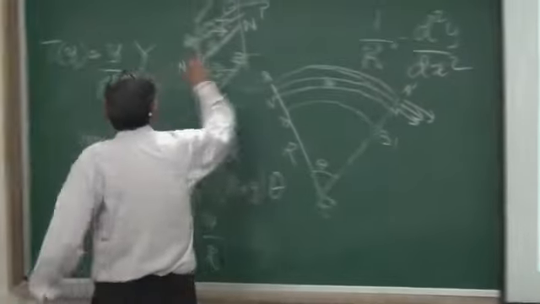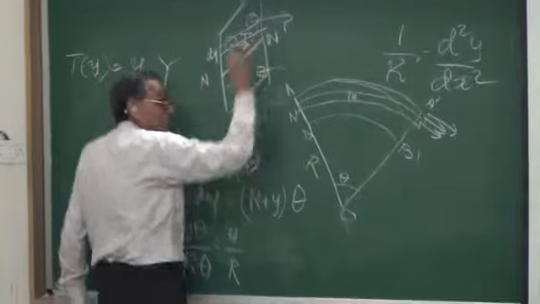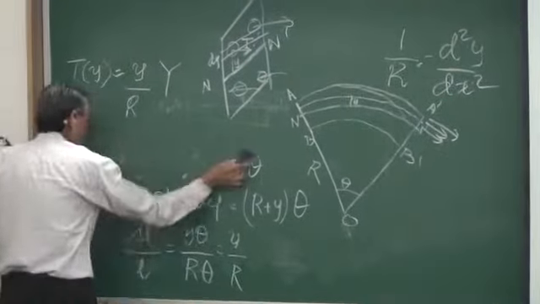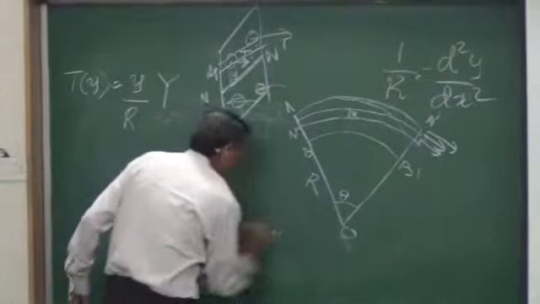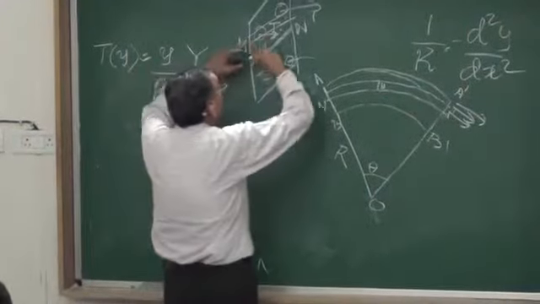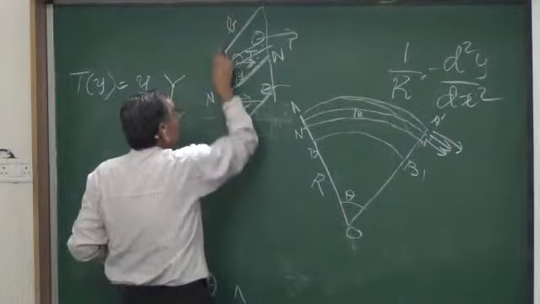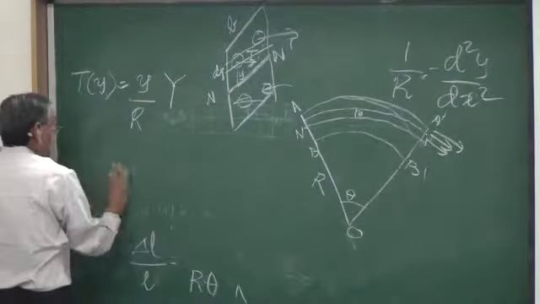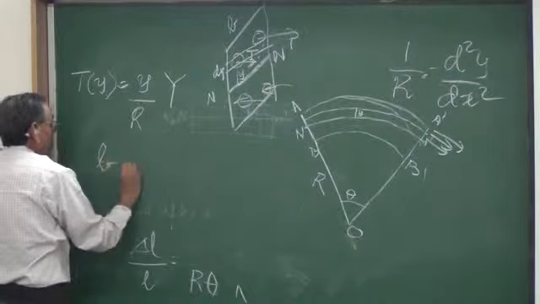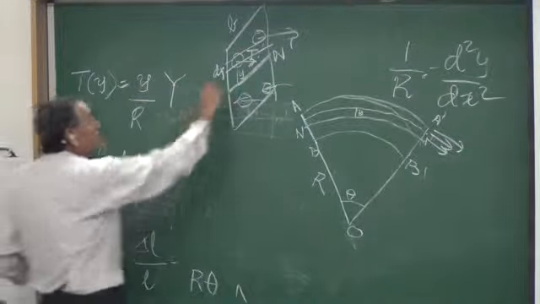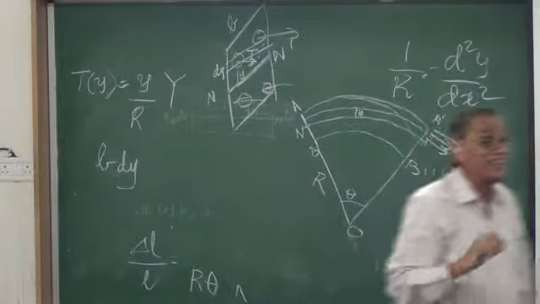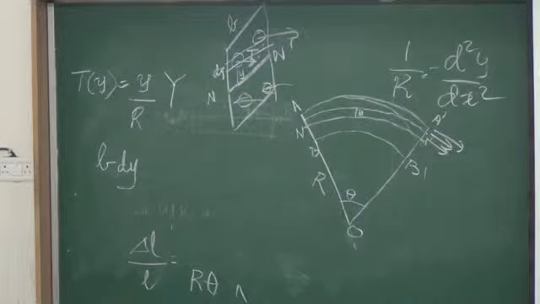Therefore, the force on this area: B is the breadth, dy is the height, so the area of the strip is B dy.